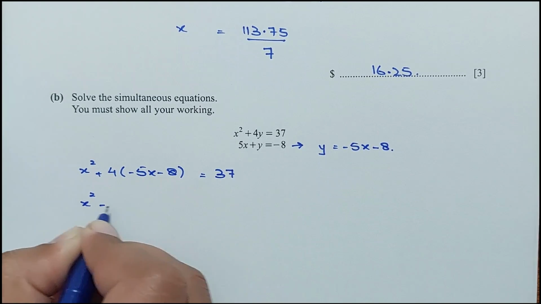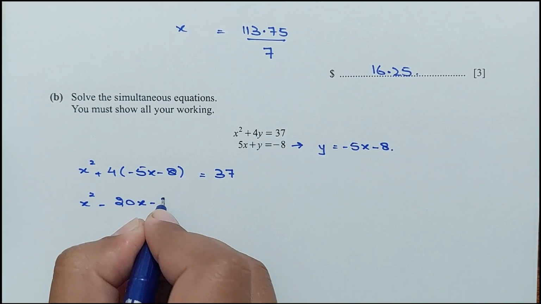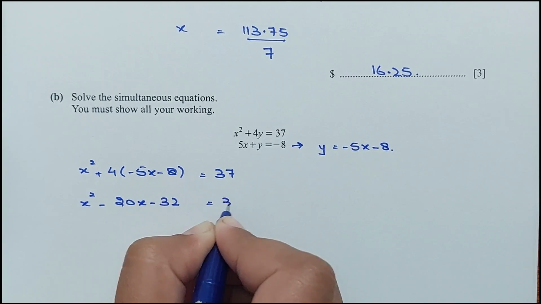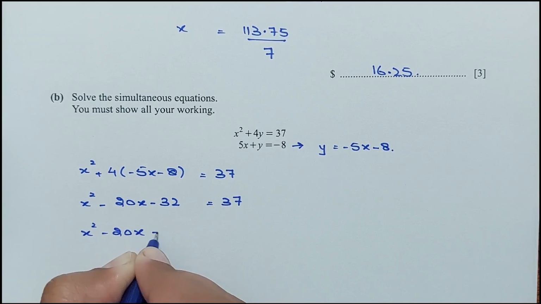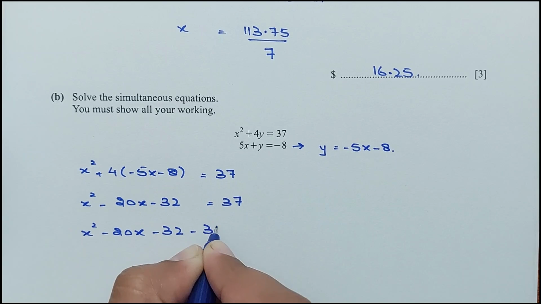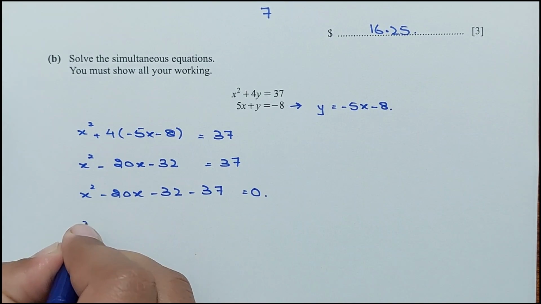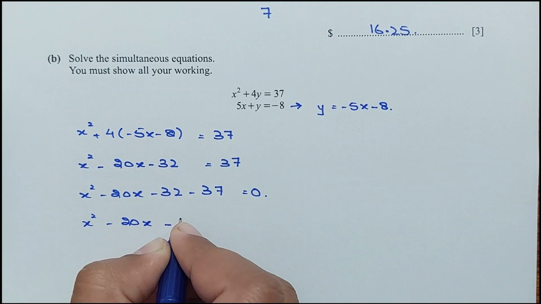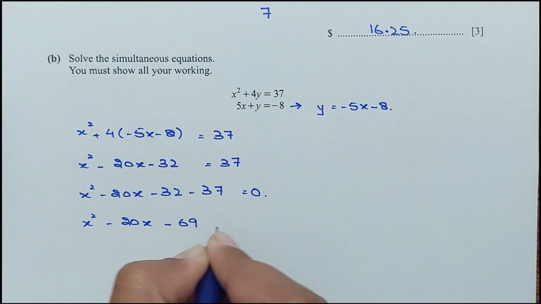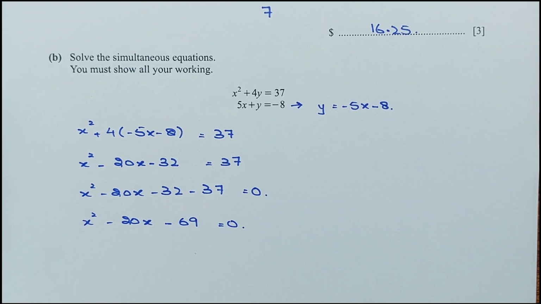So x squared minus 20x minus 32 equals 37. Then x squared minus 20x minus 32 minus 37 equals 0. This is a quadratic equation: x squared minus 20x minus 69 equals 0. Let me apply the quadratic formula to solve for the x values.